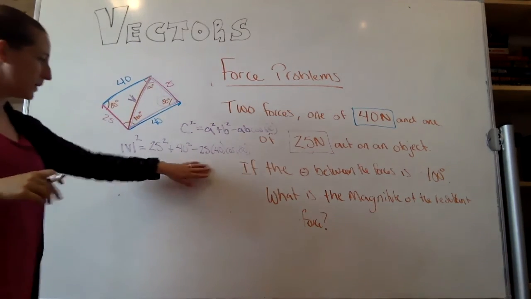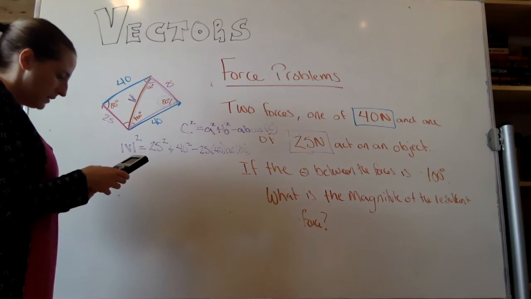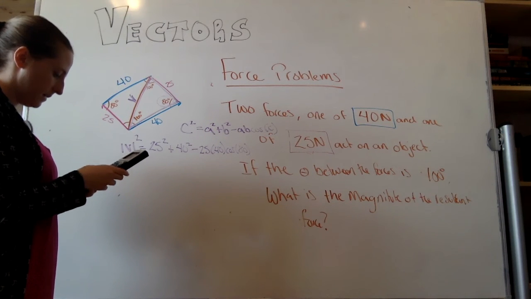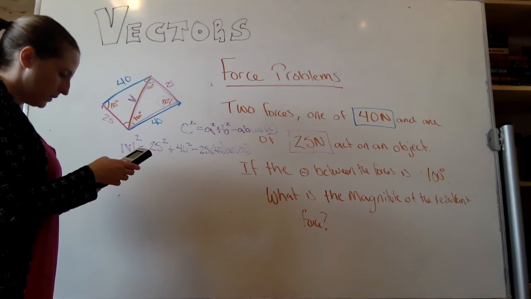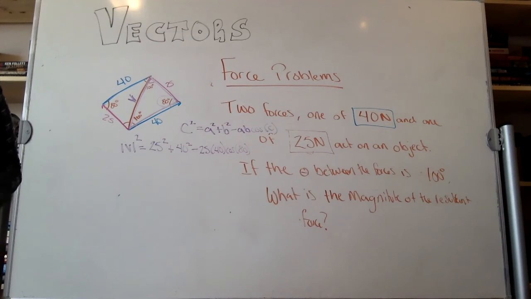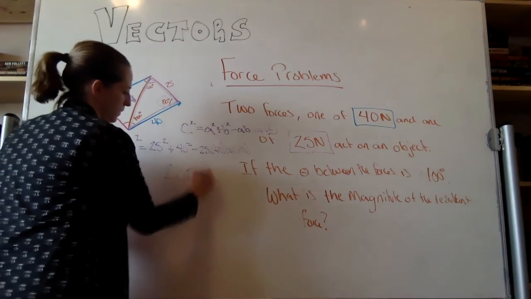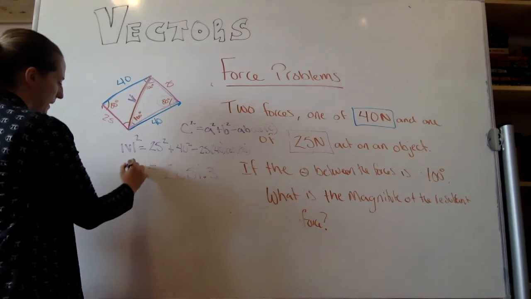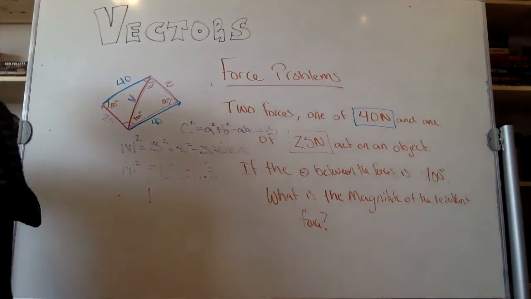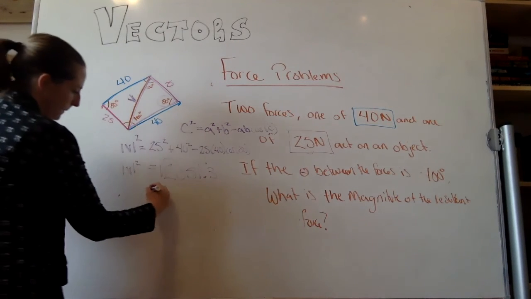So I'm going to go to my calculator, and I'm going to enter 25 squared plus 40 squared minus 25 times 40 times cosine of 80. And that gives me 2051.3. That equals my magnitude squared. So if I take the square root of that, there we go.